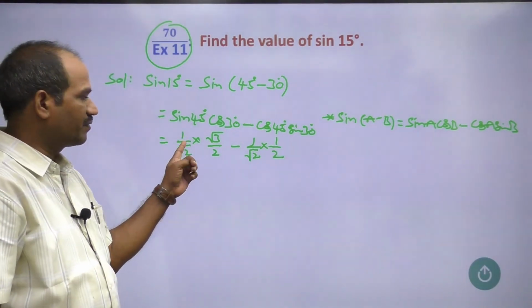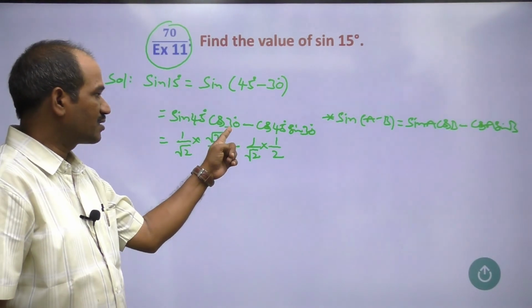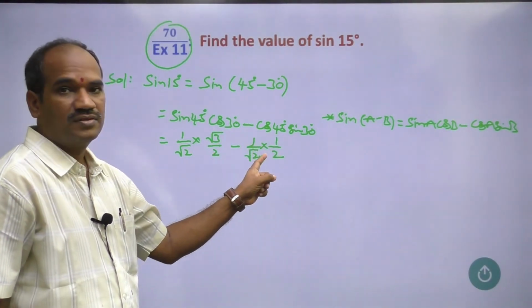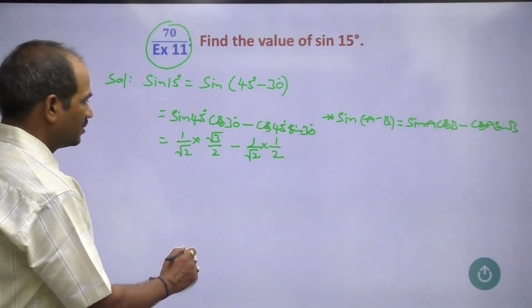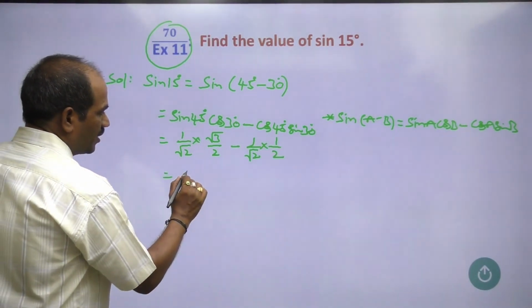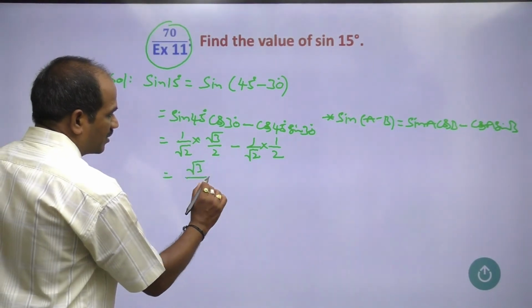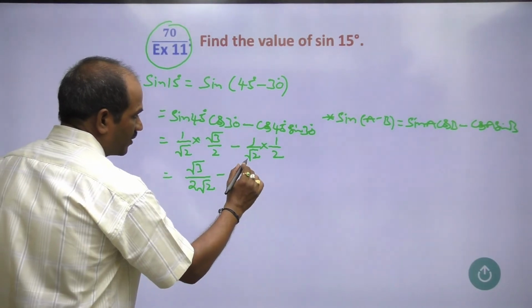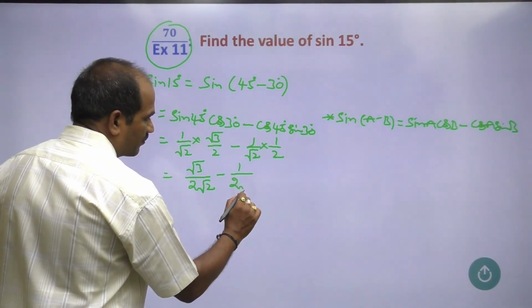So sin 45 is 1 by root 2, cos 30 is root 3 by 2, minus cos 45 is 1 by root 2, sin 30 is 1 by 2. In total, root 3 by 2 root 2, minus 1 by 2 root 2.